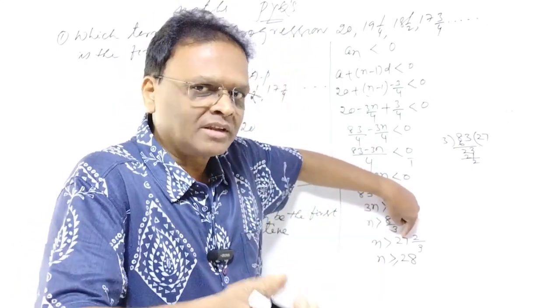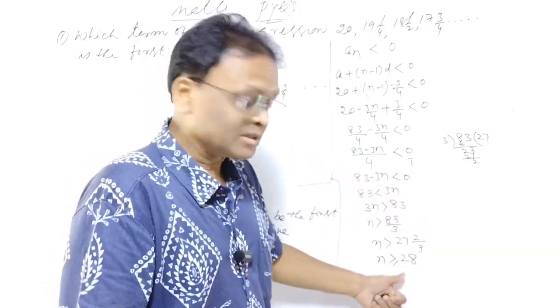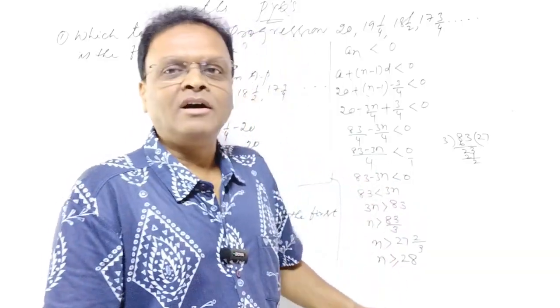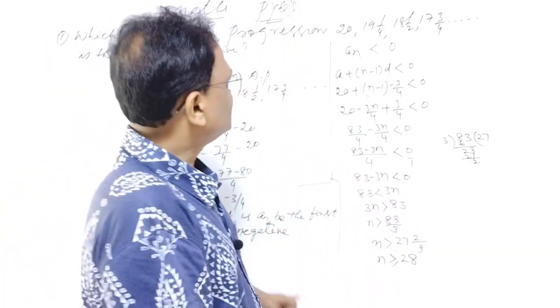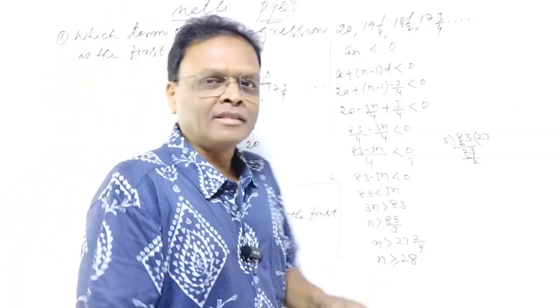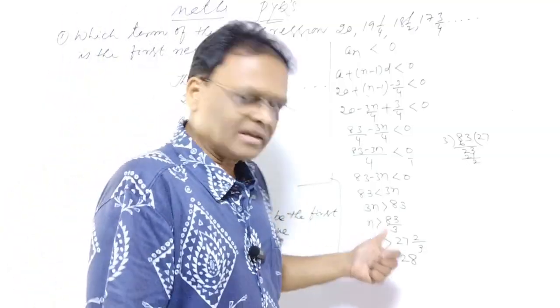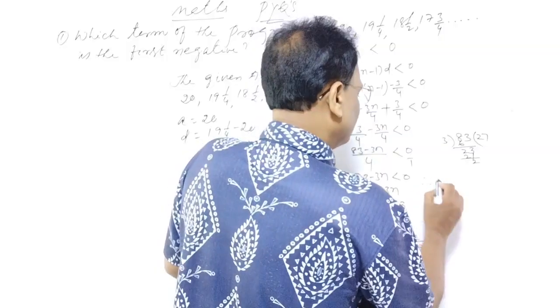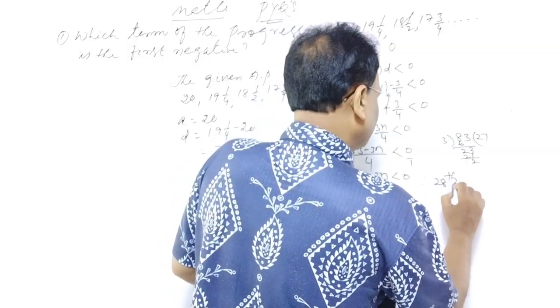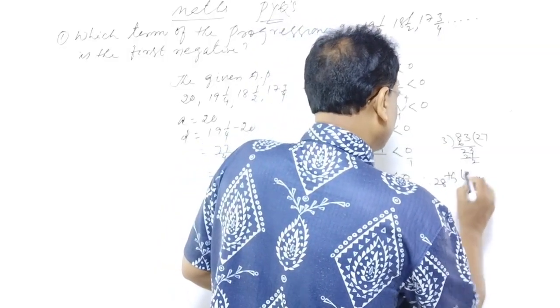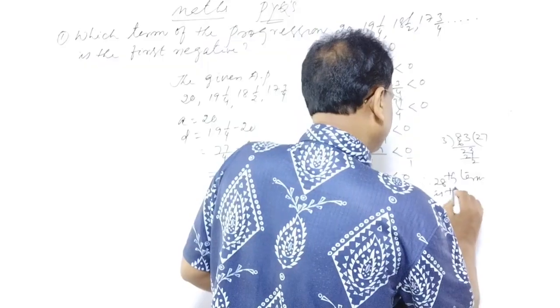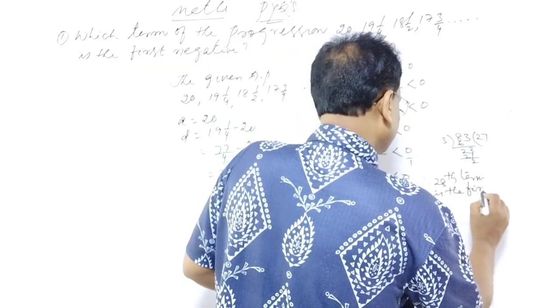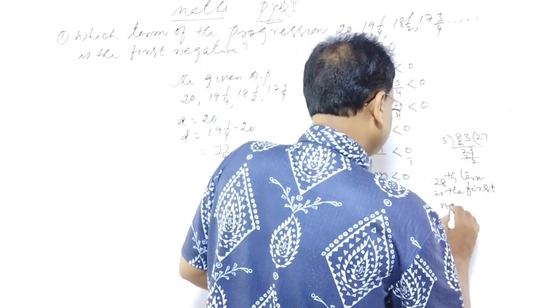More than 27, definitely the first number is 28. So the first negative will be my 28th term.